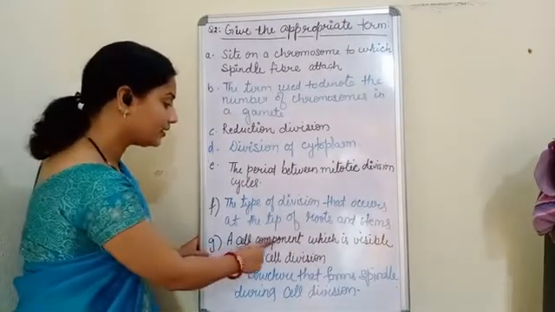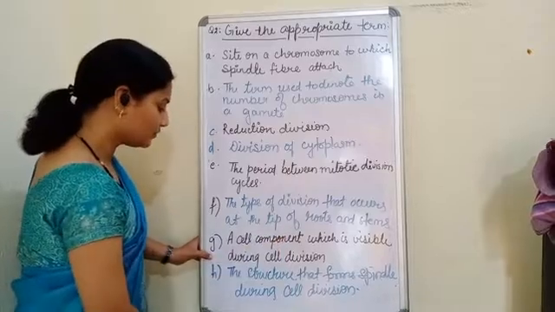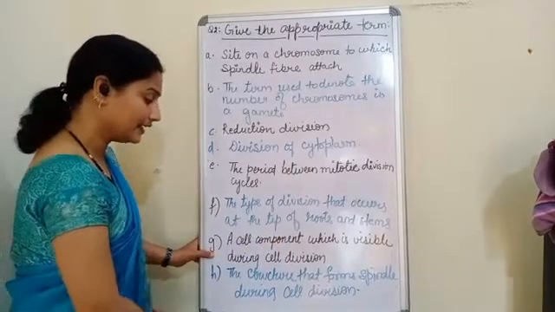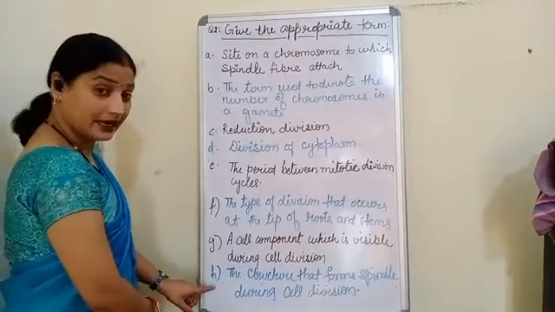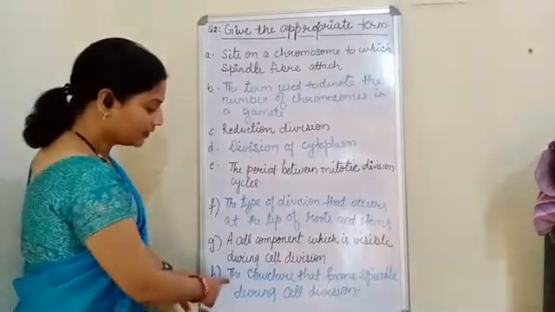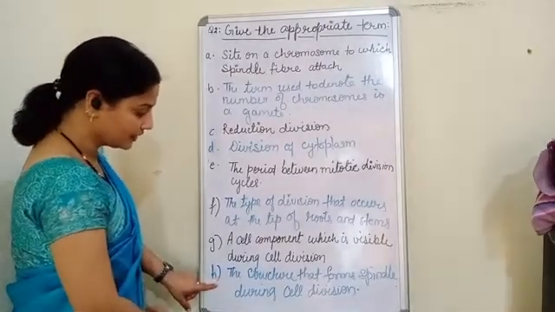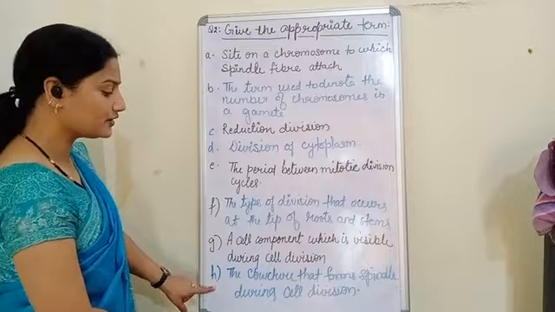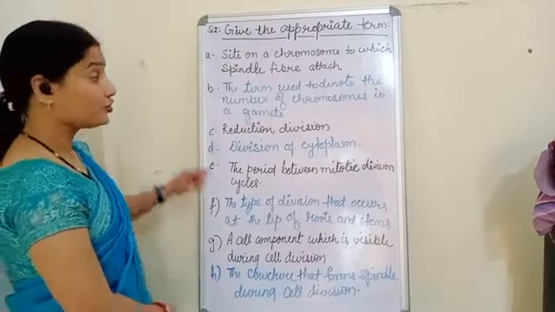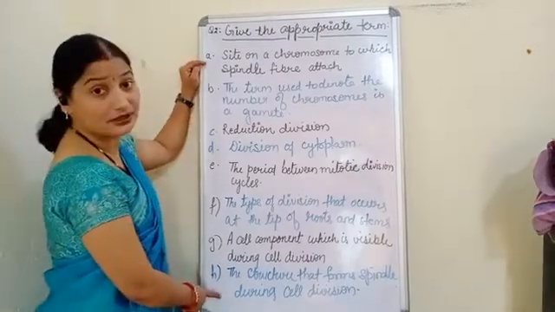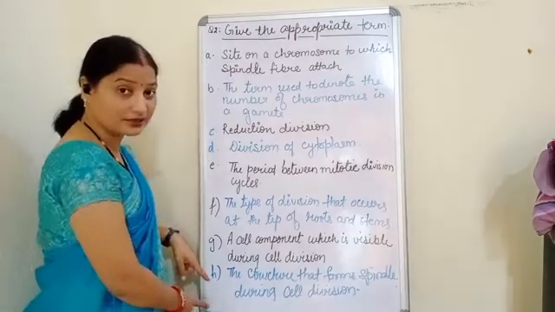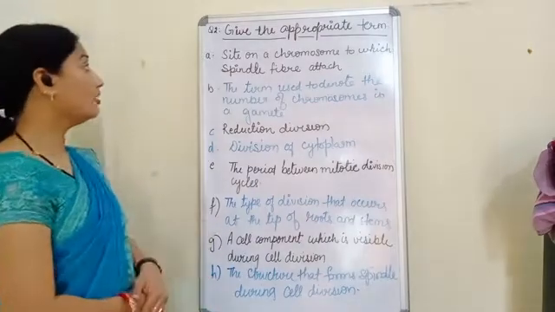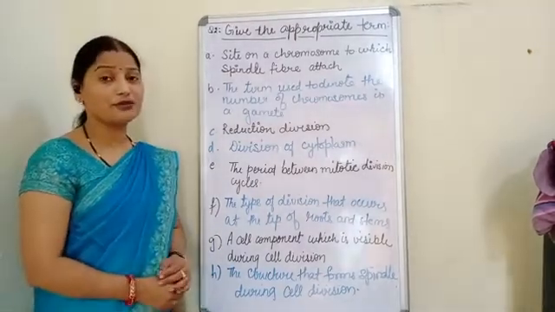G. A cell component which is visible during cell division. And last is the structure that forms spindle during cell division. So you have to give the names of all these terms. Clear? Now let's move to question number 3.